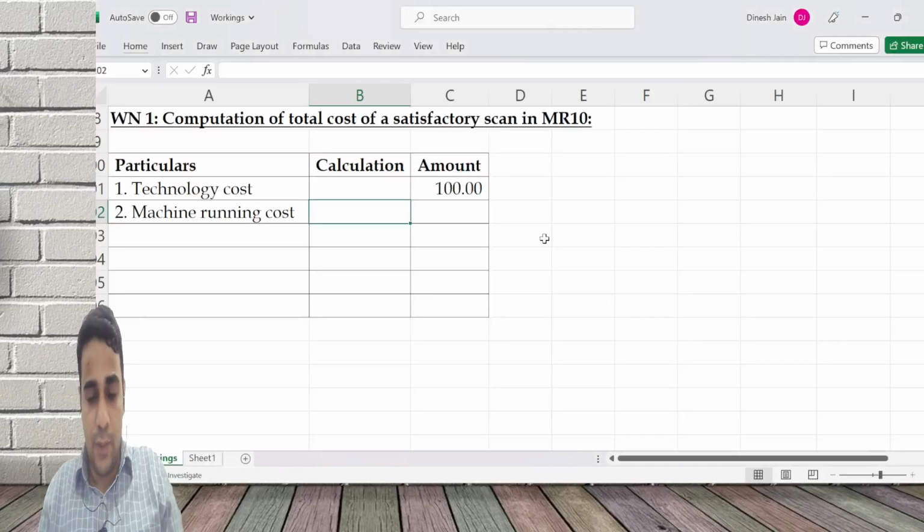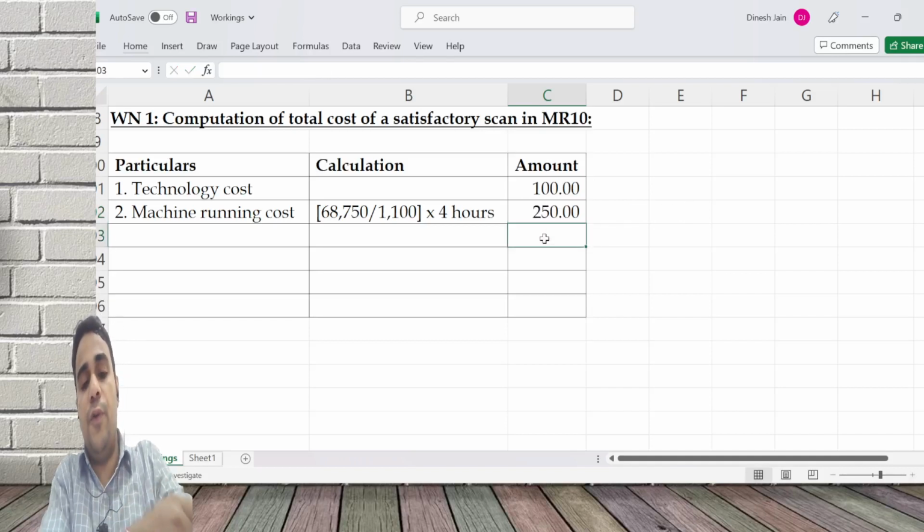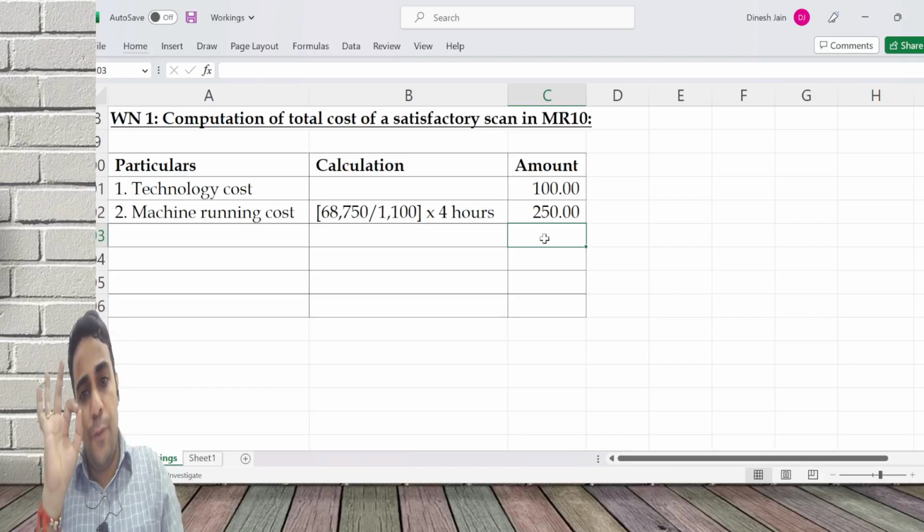So 68,750 divided by 1100 into 4 hours. You just need 4 hours to do a scan. I'll incur some 250 rupees for running the machine. Every scan, 250 rupees will have to be incurred on running of machine.